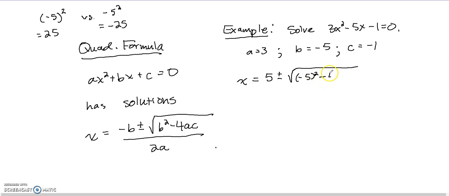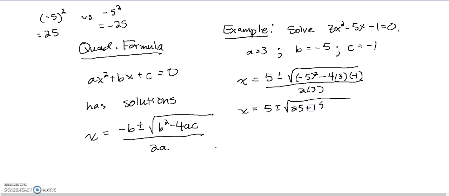Okay, then we need to subtract 4 times a, which is 3, times c, which is negative 1. So those two negative signs are actually going to make this a plus. And then we divide by 2 times 3. So this would simplify to x equals 5, and then just simplify your numbers underneath the square root. So negative 5 squared is positive 25 plus 12 over 6.